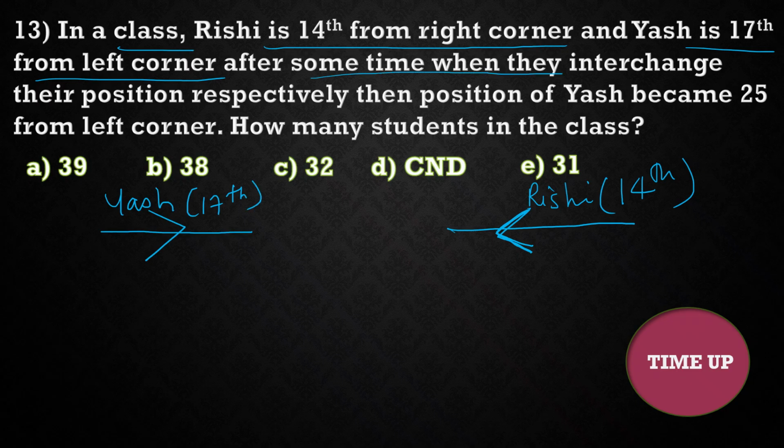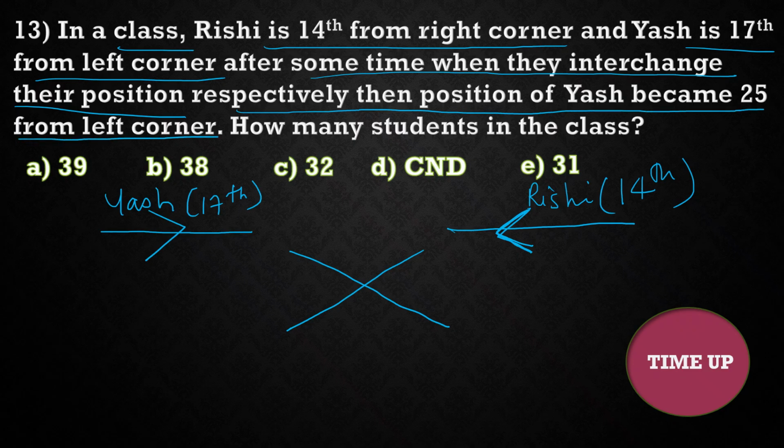After some time, they interchange their positions respectively. Then the position of Yash becomes 25th from the left corner. So after interchange, Yash will be here, Rishi will be here. So Yash is 25th from the left corner. See, the arrow is same, correct?